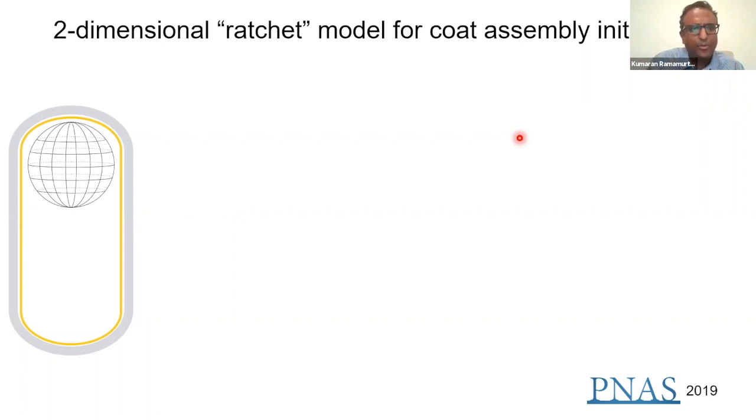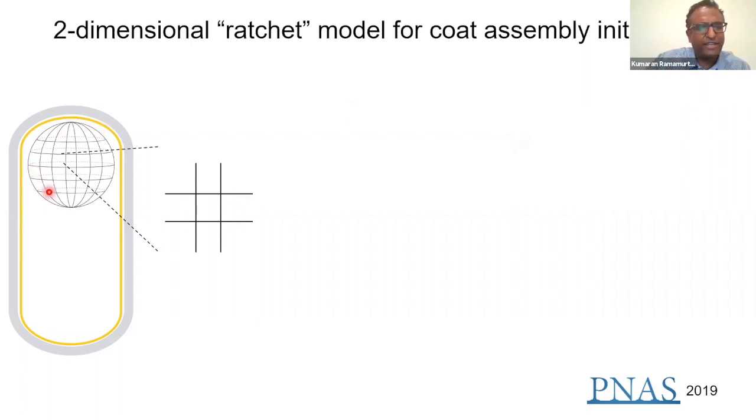So to do this, we came up with this model that we call the two-dimensional Ratchet Model that we recently published. In this model, the idea that we used to wrap our heads around this was that you have a finite number of binding sites on the forespore surface that we can imagine is like a square lattice of binding sites.